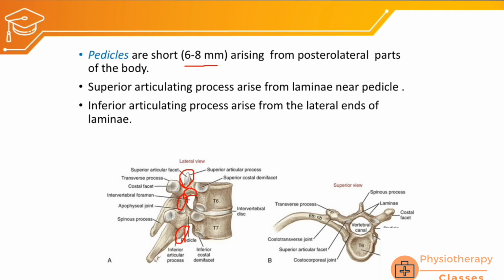It is the same for every other vertebra, but the difference between the atypical and typical is that the typical vertebra has two demifacets in the lateral part of the body and one costal facet on the transverse process. As we discussed, the superior articulating facet of the inferior vertebra and the inferior articulating facet of the superior vertebra form the facet joint or the zygapophyseal joint.